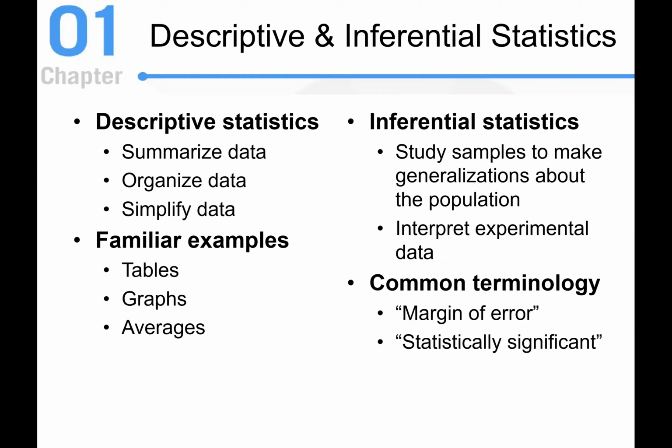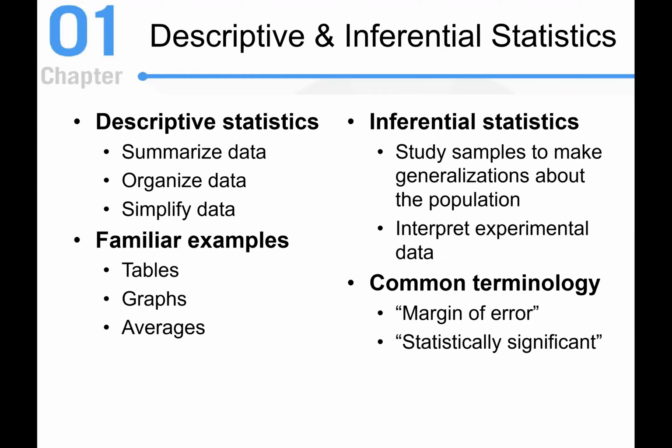So we're not just taking wild guesses, which is what an assumption would be, but we're taking more scientifically evaluated guesses. All right, so inferential statistics, we're going to study samples, and we're going to use the information that we get to make generalizations about the population that the sample came from.